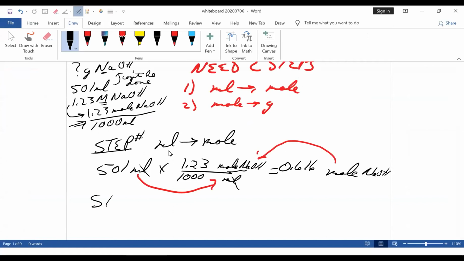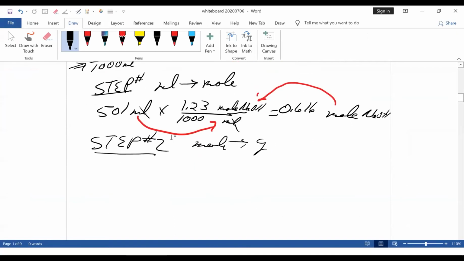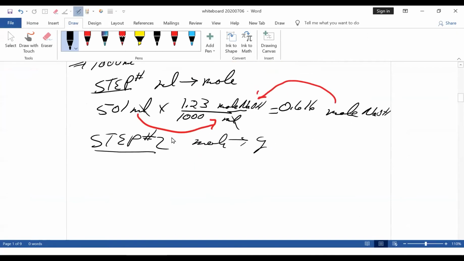Now we do step number 2, which hopefully you learned for test number 2. Ooh, it rhymes. And we'll go from moles to grams. And now, let me give myself a little room.